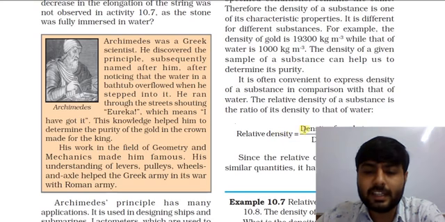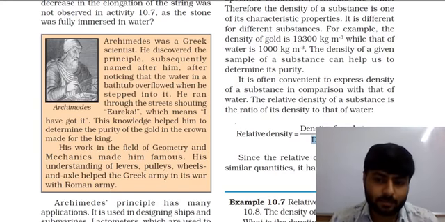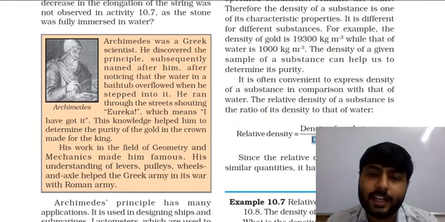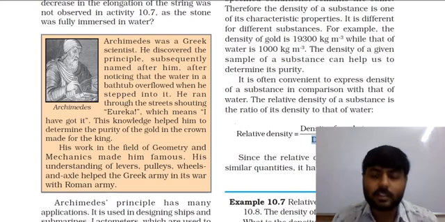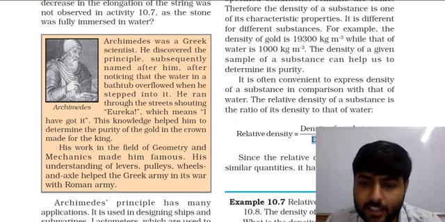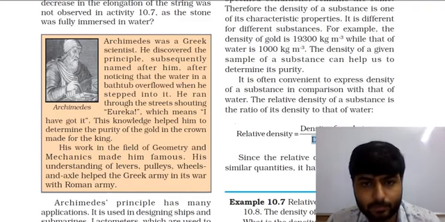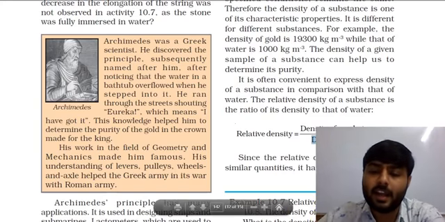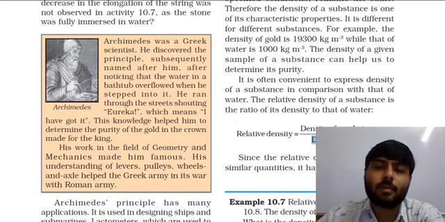So relative density is the density of the substance divided by the density of water. We notice that here we have density in the numerator and density in the denominator, so the unit of density will cancel, since relative density is a ratio of similar quantities. It has no unit. I hope you got all the points we learned today. Take notes of all the points and remember them very well.